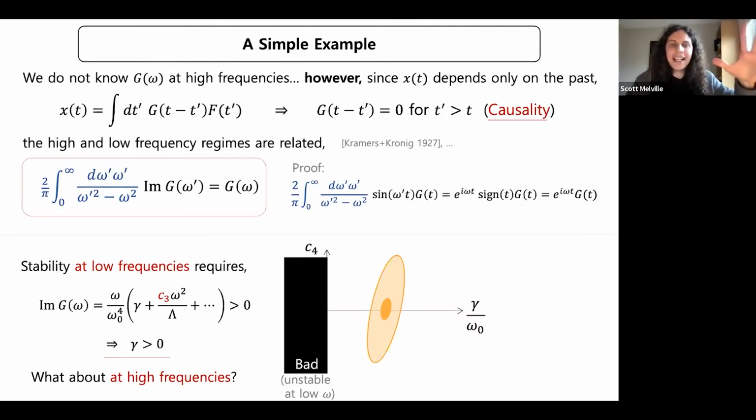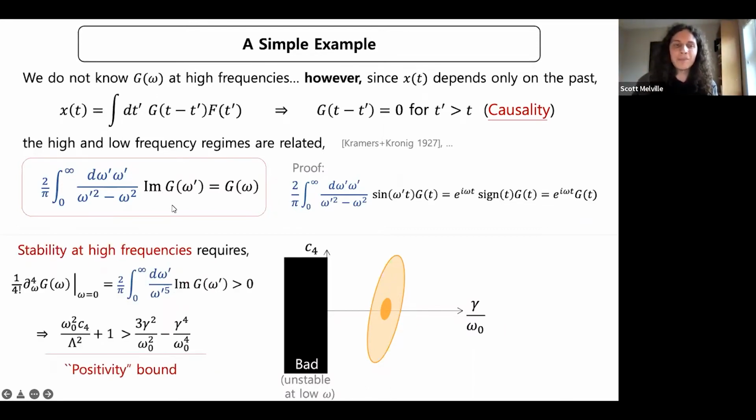And causality says that those numbers have to be equal to this integral up to arbitrarily high frequencies, right, of the imaginary part of G. So if you want this oscillator to be stable at any frequency, then this integral is the integral over a positive thing. It's the integral over the imaginary part of G, which we argued had to be positive. And that's telling you that all of the coefficients in the Taylor series expansion of G are all positive numbers.